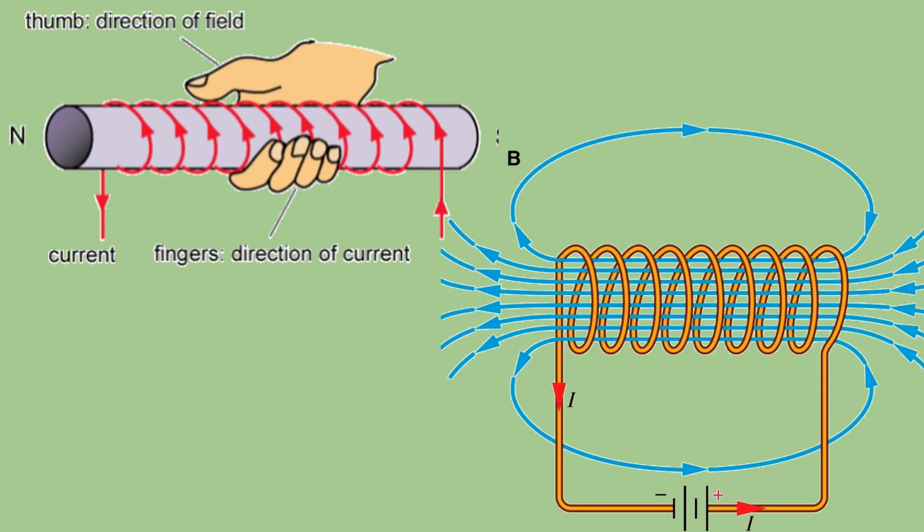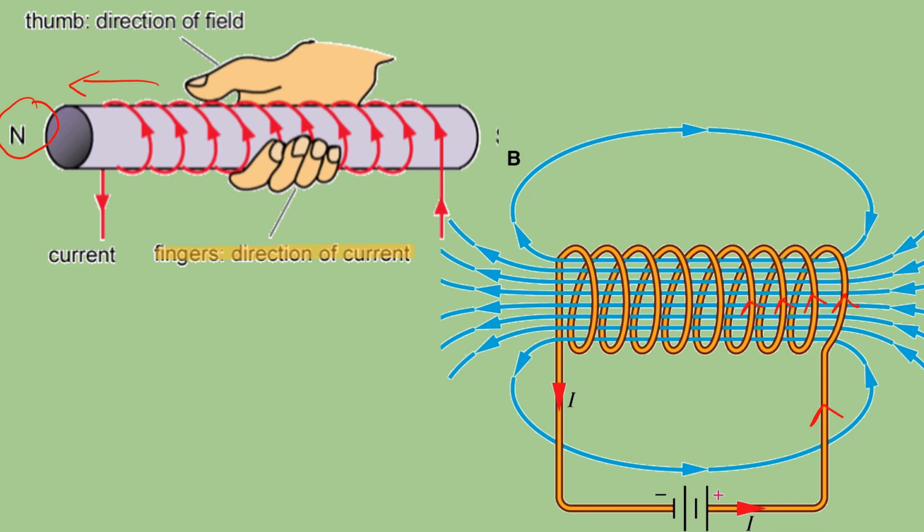Theoretically, you can also use the right-hand grip rule to determine the polarity of the solenoid. Imagine you grip the solenoid with your right hand, so the fingers follow the direction of the current, and your thumb will point toward the north end of the solenoid. So this side will be north. The fingers will follow the direction of the current, so the current should flow from the positive terminal to the negative terminal.